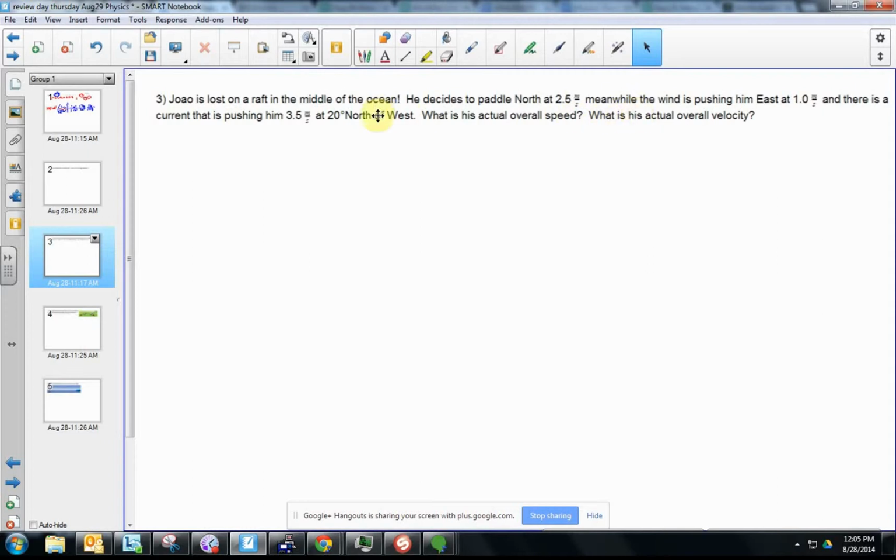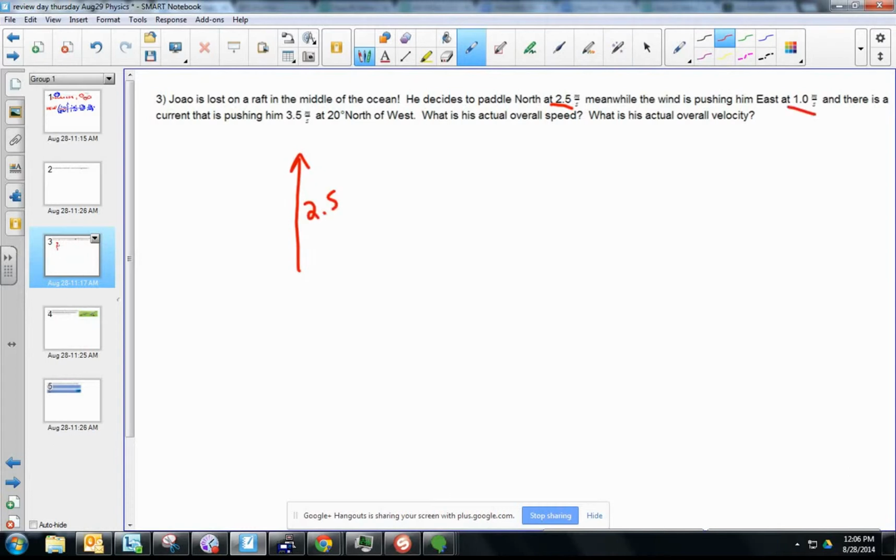Okay, so what we do is organize this by drawing the vectors involved. If any of them are at an angle, we put the components in. So we've got 2.5 north, and I'm going to try to make the vectors approximately to size. These are all meters per second, so I'm going to leave off the units.